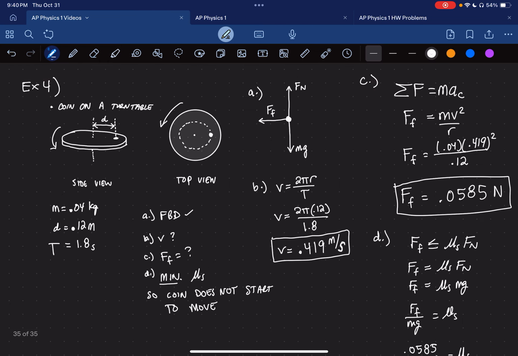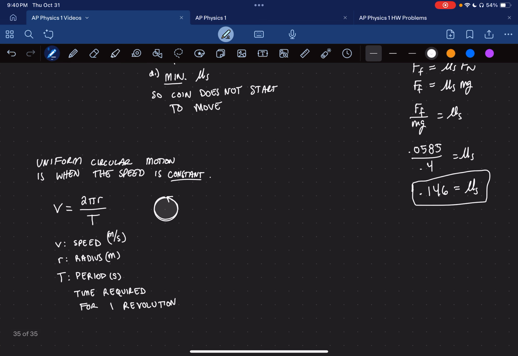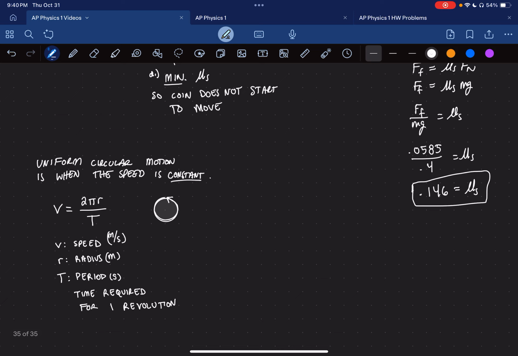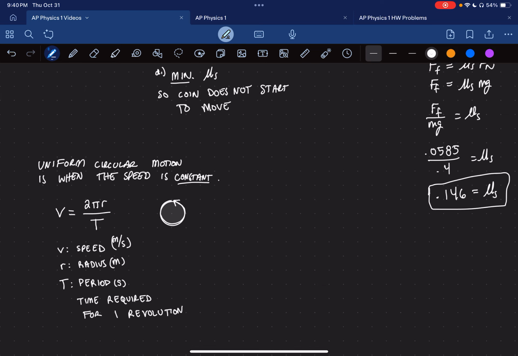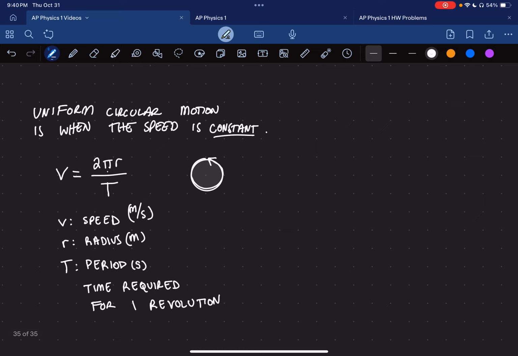Just looking it over, want to make sure I have not forgotten anything. This equation only works for uniform circular motion.